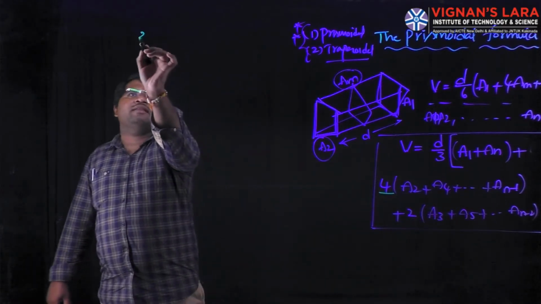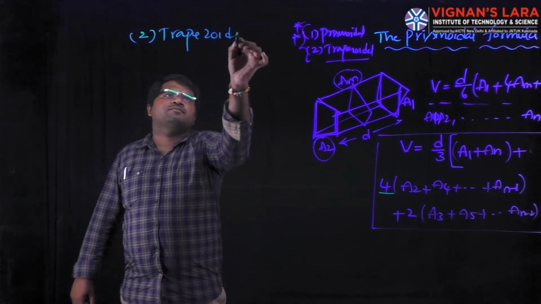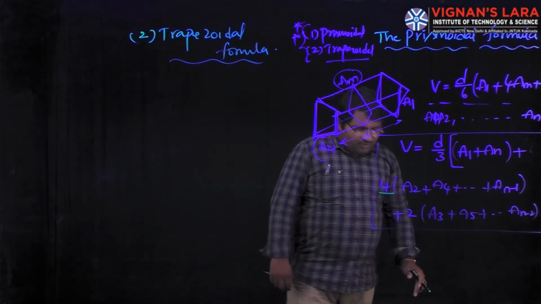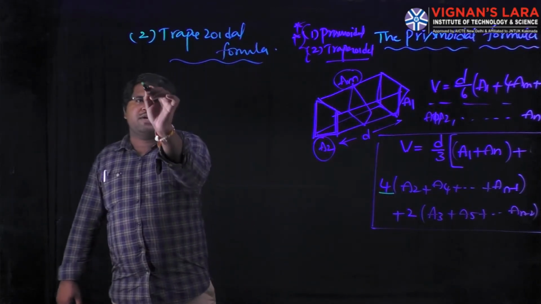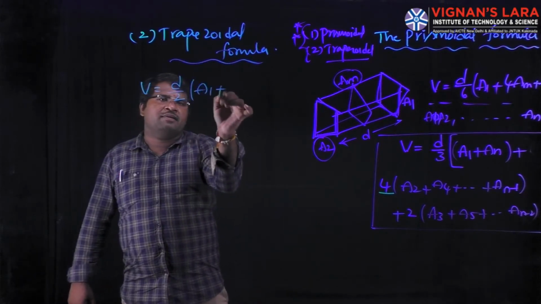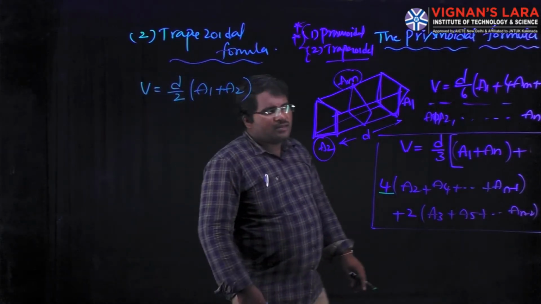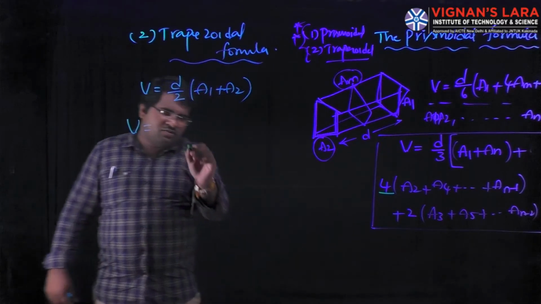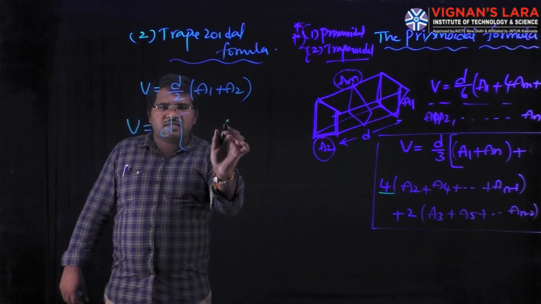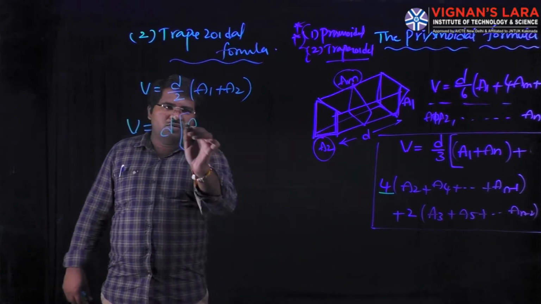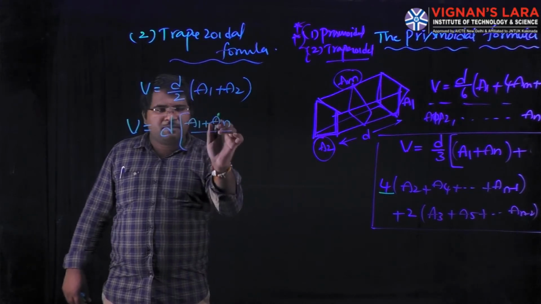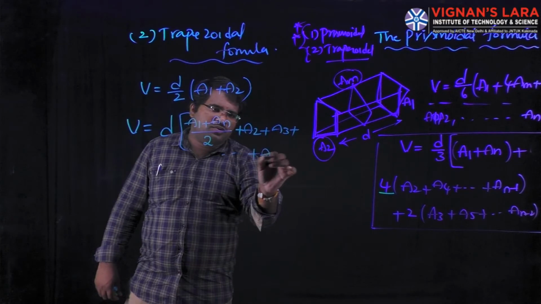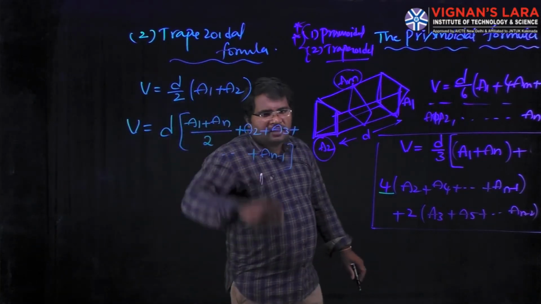Next, the trapezoidal formula: for any trapezoid, the area is the average of the two ends, d/2 (A1 + A2). For volumes, we have d into (first area + last area)/2 plus the remaining areas A2, A3, A4 and so on up to An-1.